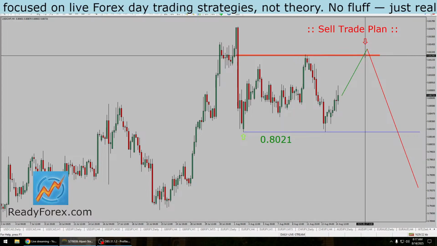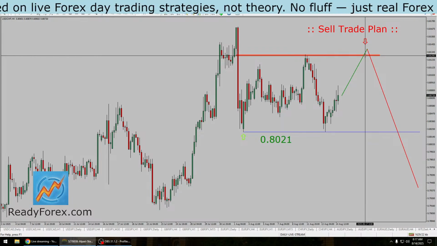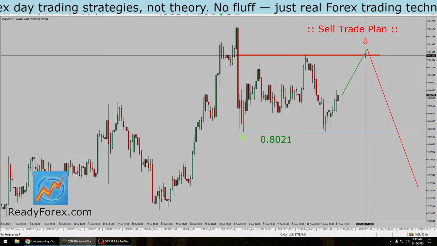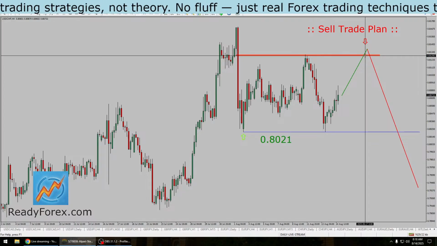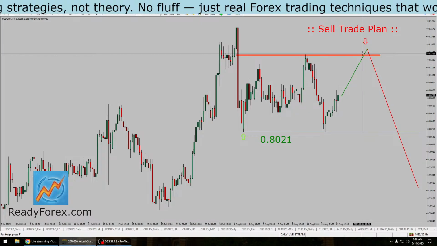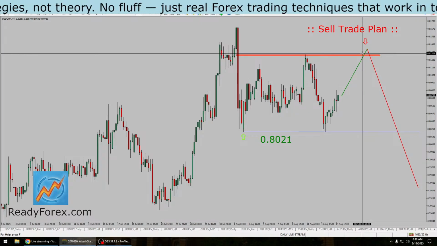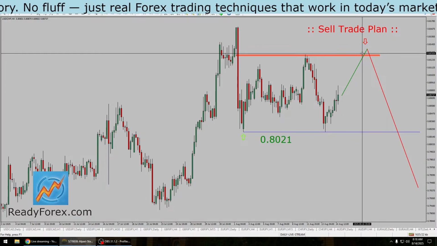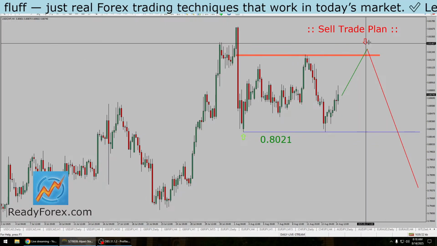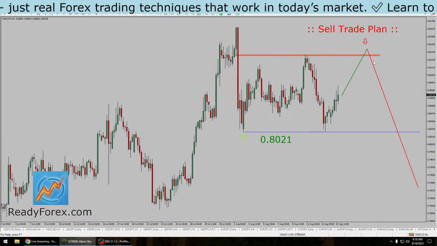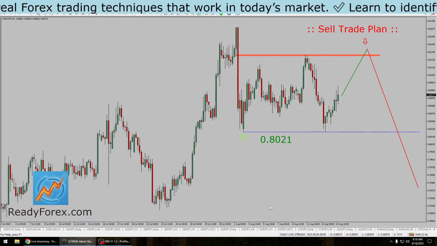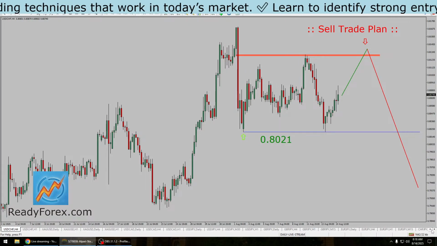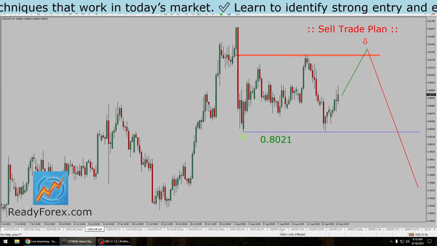I'm going to wait for the price action to rise up, take out the old swing high, and when everyone starts thinking that okay, price action is going up, that would be a good time to look for a bearish reaction in the market. Once the market turns around and starts the decline, then I think it's a good idea to look for a sell trade inside the US dollar Swiss franc currency pair.